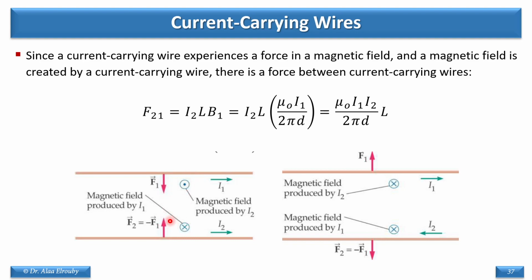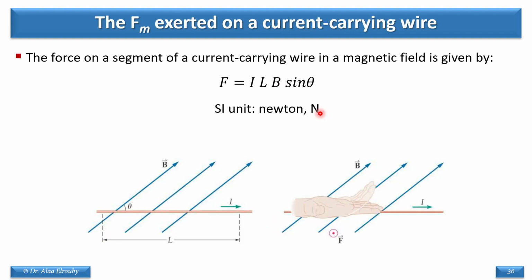So the force F21 is the force on number 2 caused by current number 1. So the field B1 equals this quantity. L is the distance between the lines. This will give us the force. So the force here is I L B sine theta.